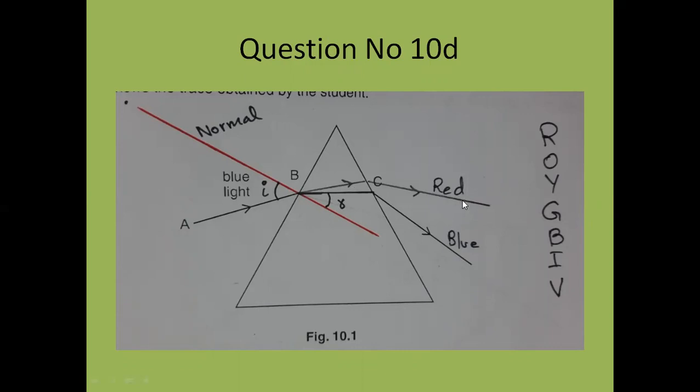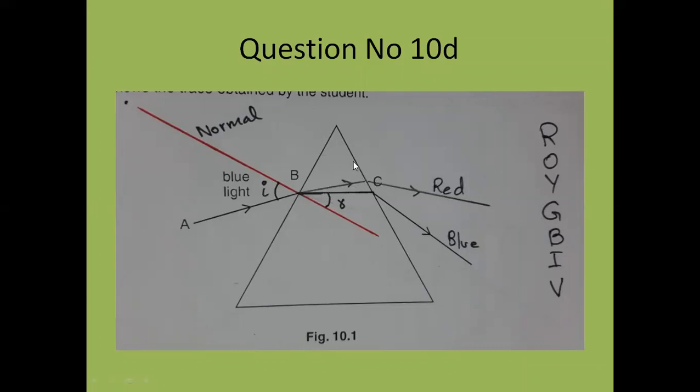Dispersion of the white light takes place, and the band of colors you see, the code is ROYGBIV: red, orange, yellow, green, blue, indigo, violet. So the red is always above this blue line. This one is showing the blue one, so the red will be here a little above the blue line.